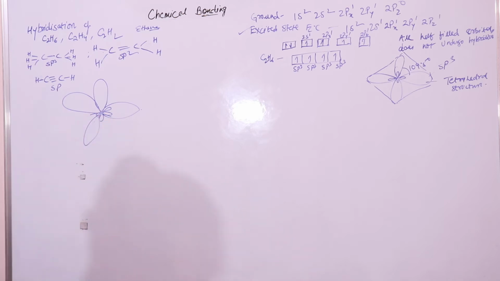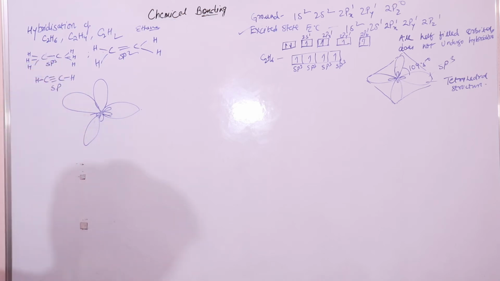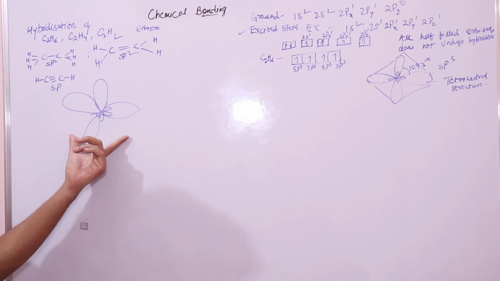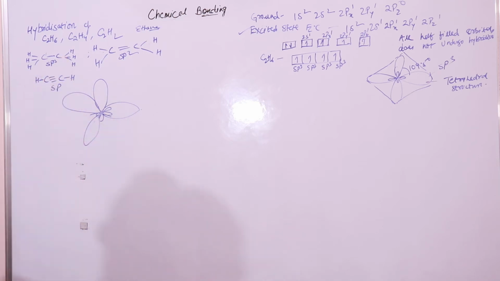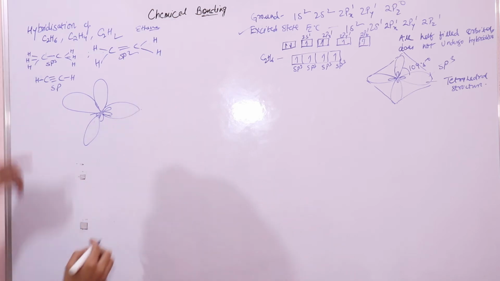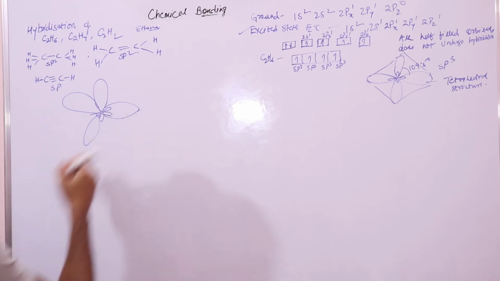These are 4 sp3 hybrid orbitals of first carbon atom, this carbon 1. Similarly, you have 4 sp3 hybrid orbitals of second carbon atom. So one of the hybrid orbitals of each of the carbon atom will undergo overlapping.